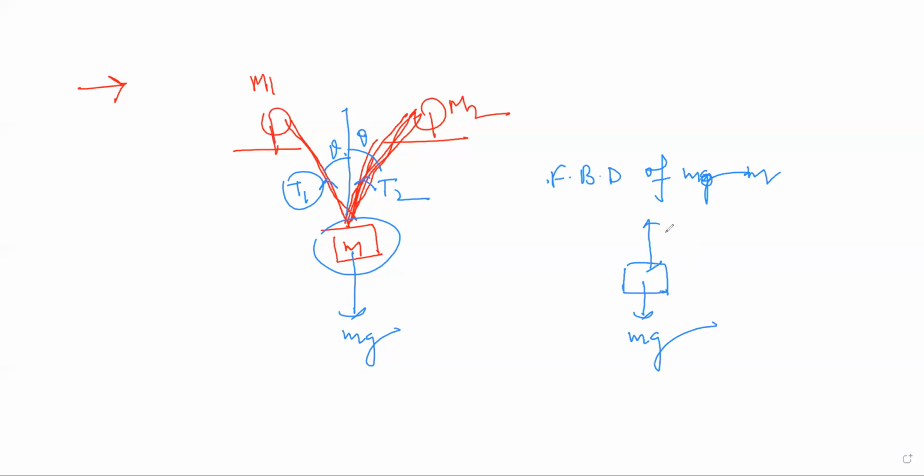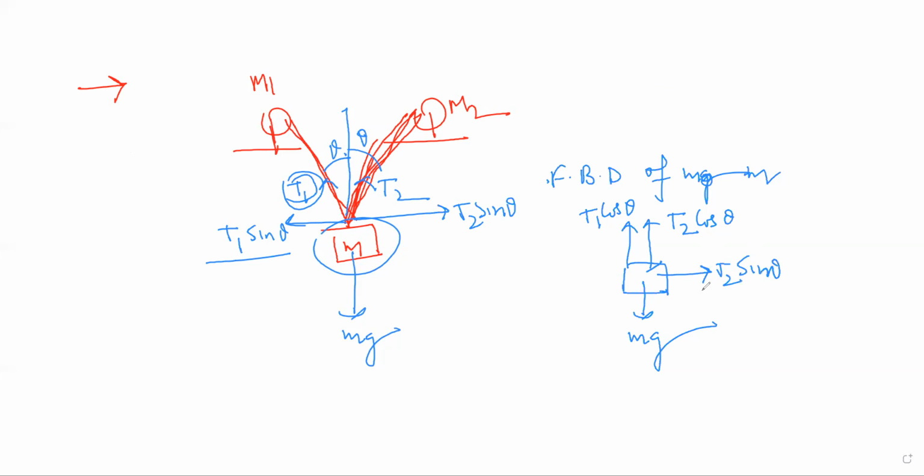The component of T2 in vertically upward direction is T2 cos theta and the component of T1 in vertically upward direction is T1 cos theta. The component of T2 in horizontal direction is T2 sin theta and the component of T1 in horizontal direction is T1 sin theta. Now I am going to equate, since it is in equilibrium, so net force on this body is 0.